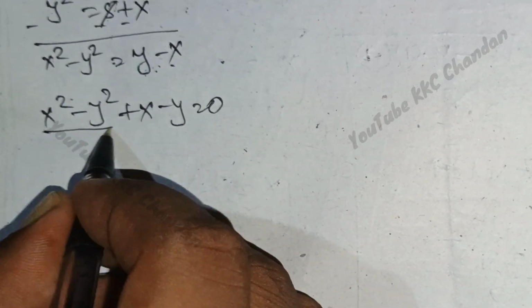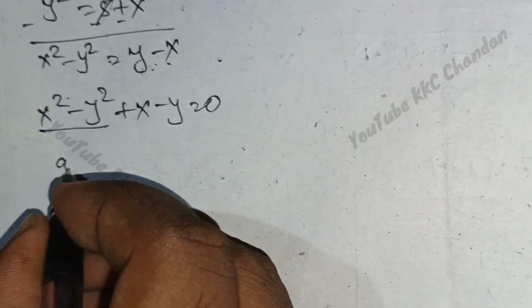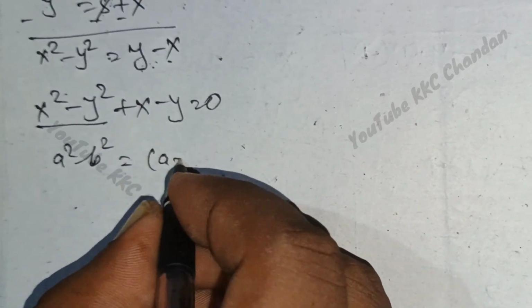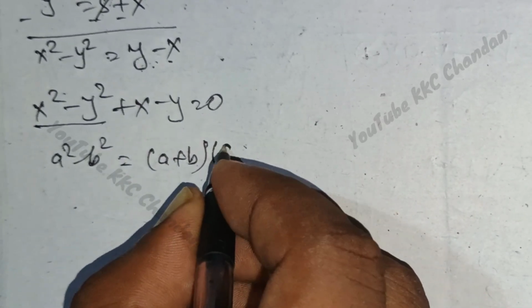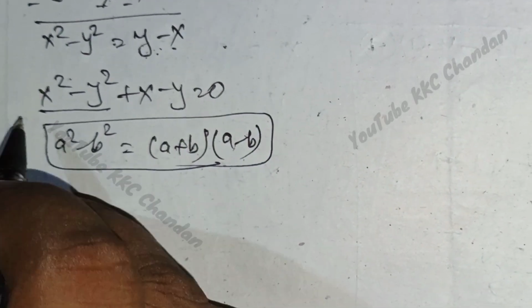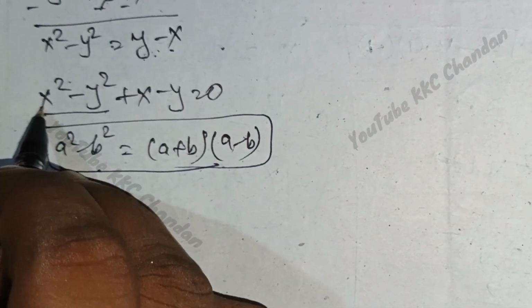See here, this is in the form of a square minus b square. That formula is (a plus b) into (a minus b). Use this formula in this place.